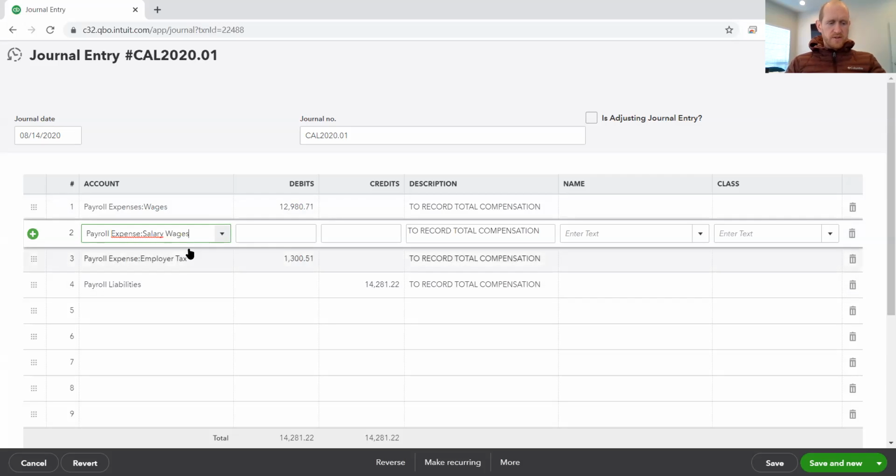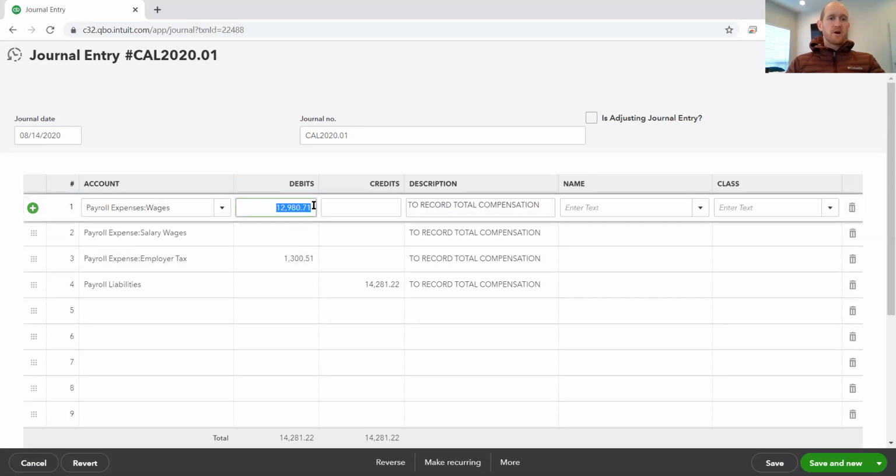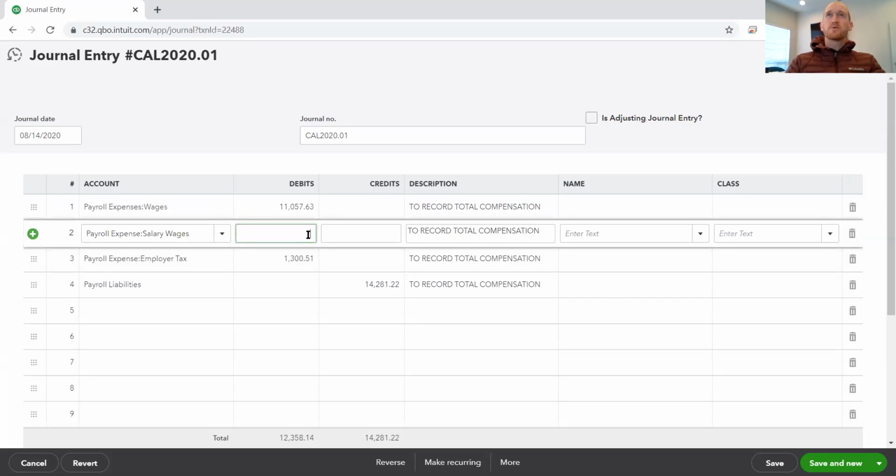Okay. So now I want to do that, and then so one of my guys is on salary, the rest of them are not. Let's say Al is on salary. Oops, okay, I'm going to take his gross out of there. Okay, there we go. And I'm going to put his gross right here.